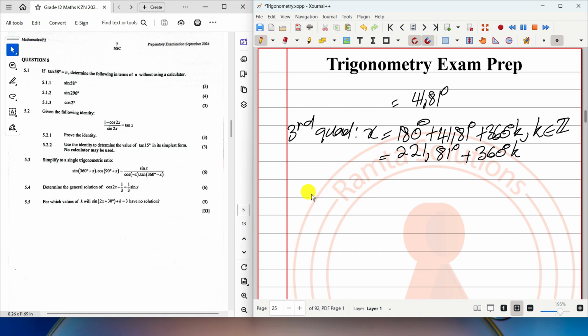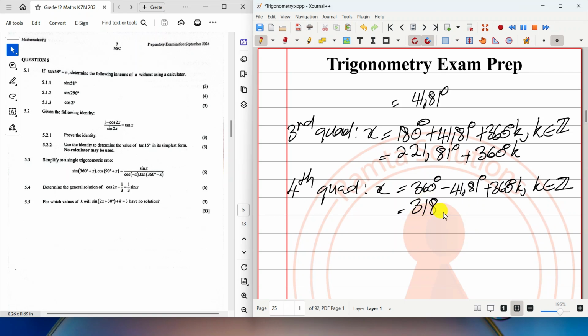All right. Now, sine is also negative in the fourth quadrant. In the fourth quadrant, we work with which reduction formula? 360 minus the reference angle, right? 360 minus 41.81 degrees plus 360 degrees K, where K is an element of the integers. 360 minus 41.81 should be 318.19.